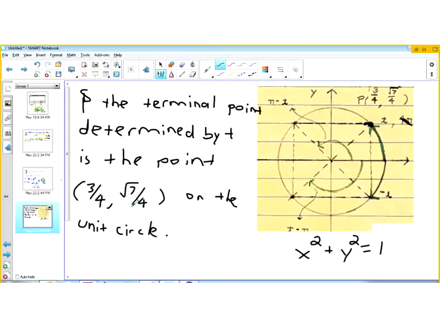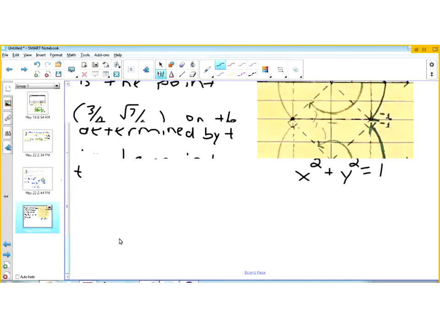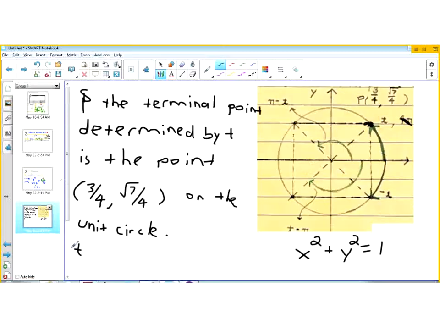All right, so we want to find the terminal point for negative t. So what is the terminal point for negative t equal to? Now, we don't know what t is, but we do know that if this green arc right here is t, then negative t is simply the reflection about the x-axis of t.